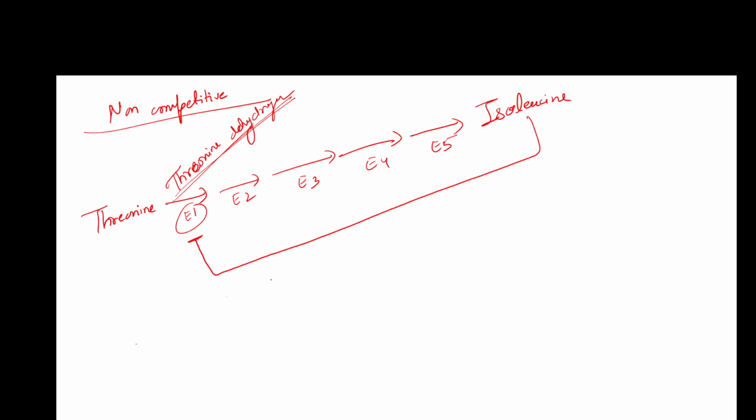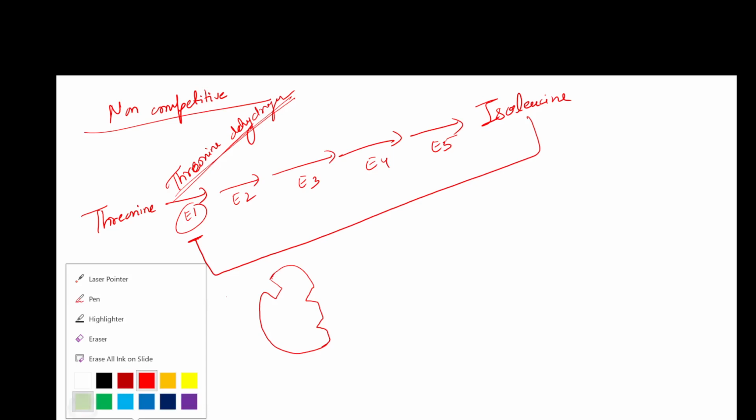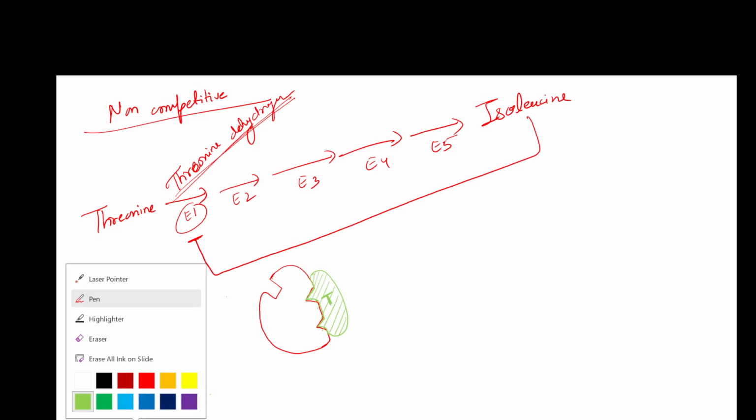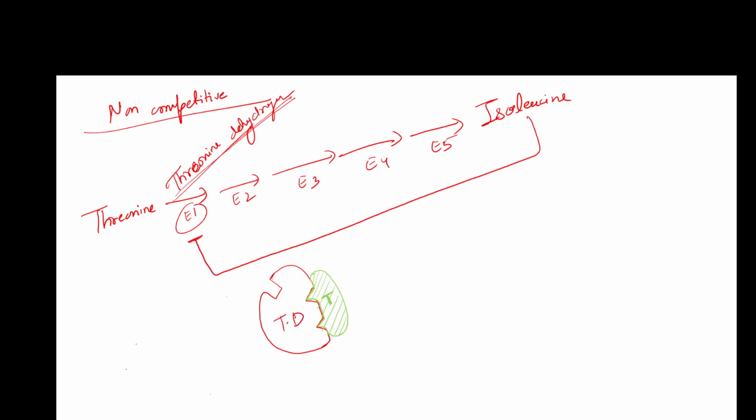So suppose this is threonine. This is threonine dehydrogenase, which is the enzyme which converts it further to isoleucine.